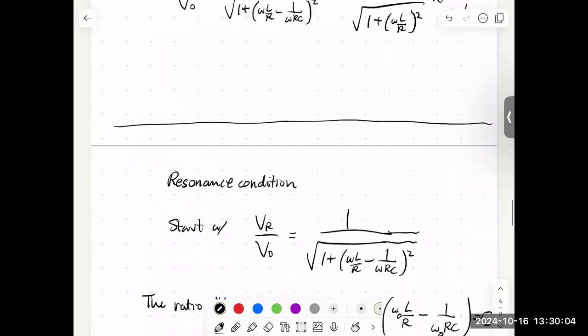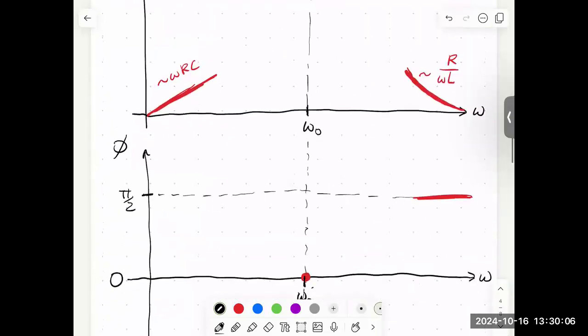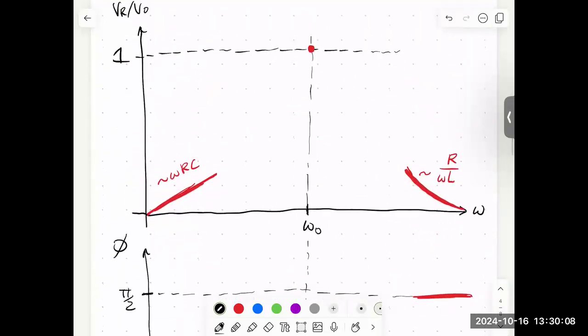So let's go back to our plots here. And let's see what that's going to look like. Over here, root 2 is 1.41. 1 over root 2 is something like 0.707, 71% or something like that. So there's a line over here, which is the 1 over root 2. And there are some lines over here.